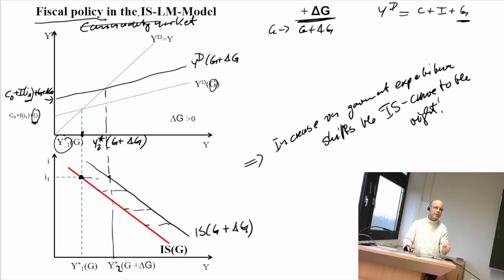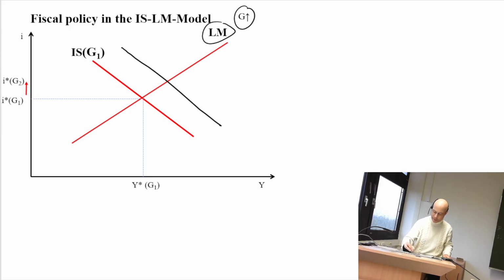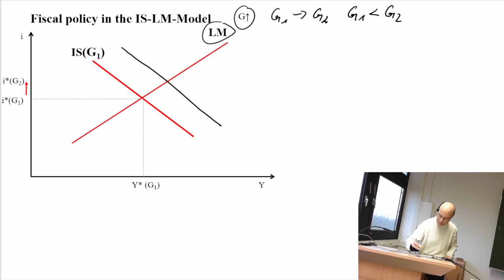Well, and now we put this result into our overall model. We know here nothing changes. In the money market, we do not find any variable G. But we know that if G is increasing, G1 to G2 and G1 smaller than G2, this means we have a shift IS of G2 to the right.